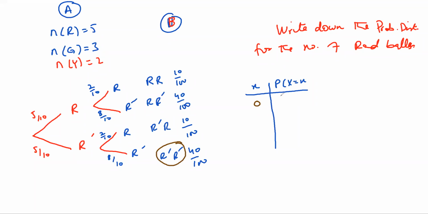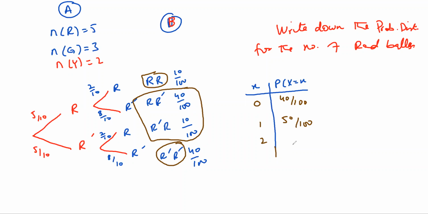So that is 40 over 100. We can have one red ball. These are two cases, each having one red ball, so that is going to be 50 over 100. We can have both the red balls, that is 2. So this is going to be 10 over 100.